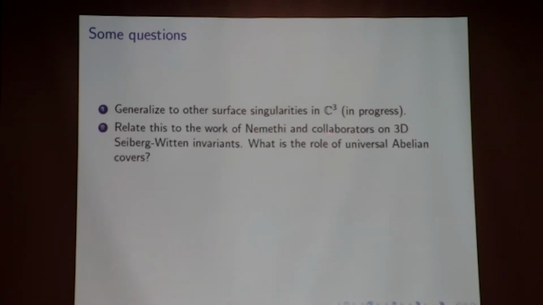So this is related to the work of Némethi and collaborators, as I mentioned, that you have these 3D Seiberg-Witten invariants, which are labeled by spin C structures or elements of H1. So you can recover the Casson invariant if you take some canonical spin C structure, which is given by the analytic structure of the singularity. But there has been a lot of work on the relation of these Seiberg-Witten invariants with the geometric genus or something more refined.